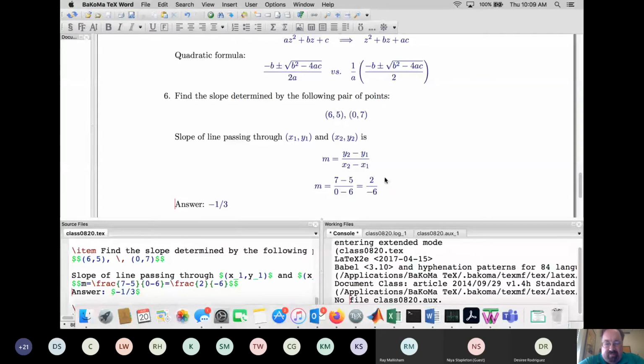So these are among the easiest points you can get all semester long. Don't give them away. So difference in y's over difference in x's. Look at your ordered pairs closely. Identify which are the y values, 7 and 5 in this case, and which are the x values, 0 and 6 in this case.